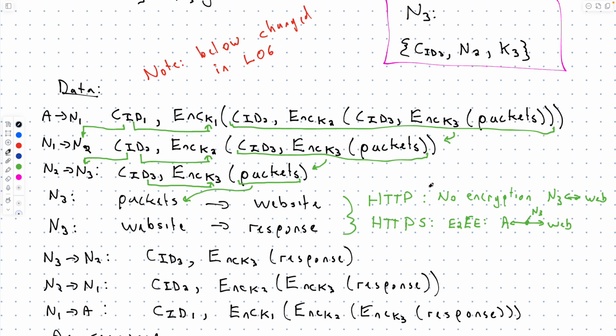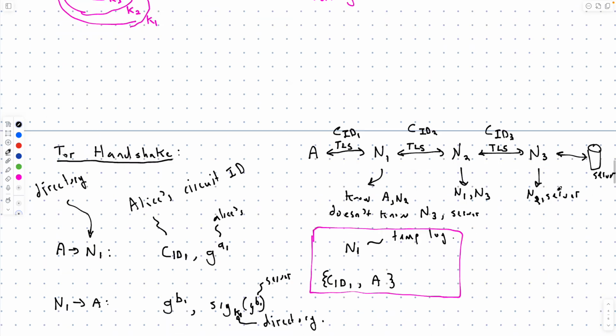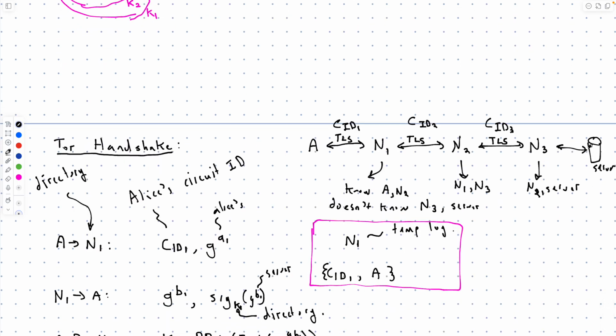If it's over HTTP, what that means is that between N3 and the website, there's no encryption. So N3 can see the content. It knows what website is being visited, and it can see the content of that website itself.